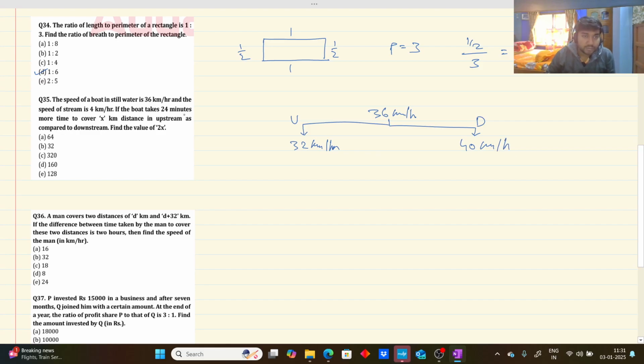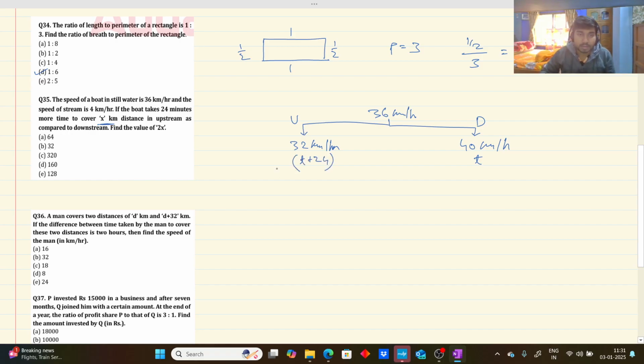If the boat takes 24 minutes more time to cover x kilometer distance in upstream as compared to downstream, that means my distance is constant, x. When distance is constant, to cover the same distance with higher speed will take less time. Let's assume that is t minutes, and to cover the same distance x with a slower speed will take more time, t plus 24 minutes.